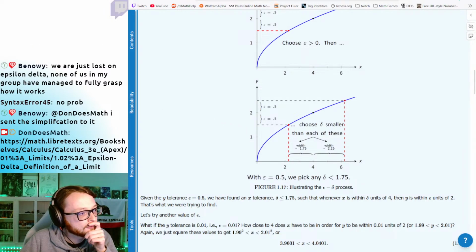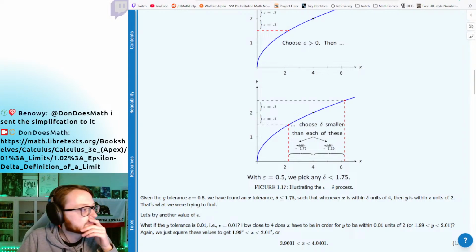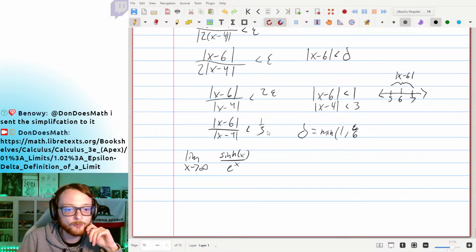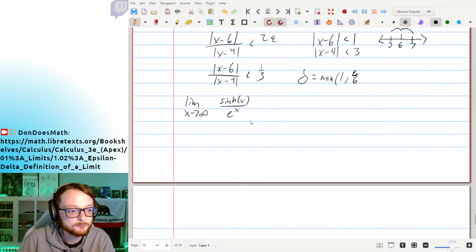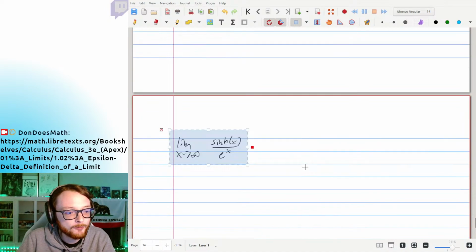I don't see that person replying. Oh, so you can make it just a constant minus e to the minus 2x? Okay. So, we'll still try epsilon delta on this one from Ben, but it's going to be pretty freaking annoying, I think.